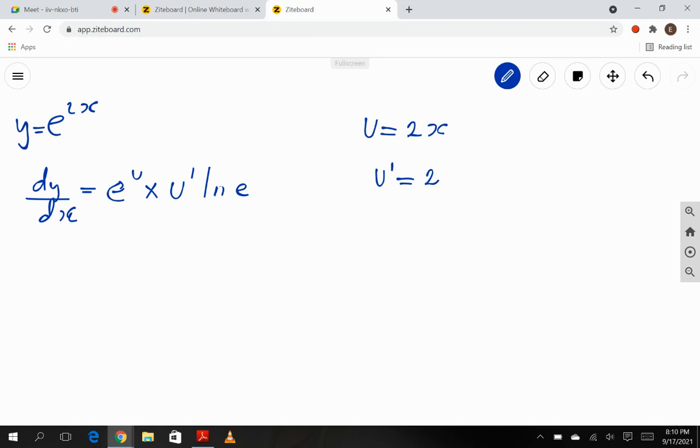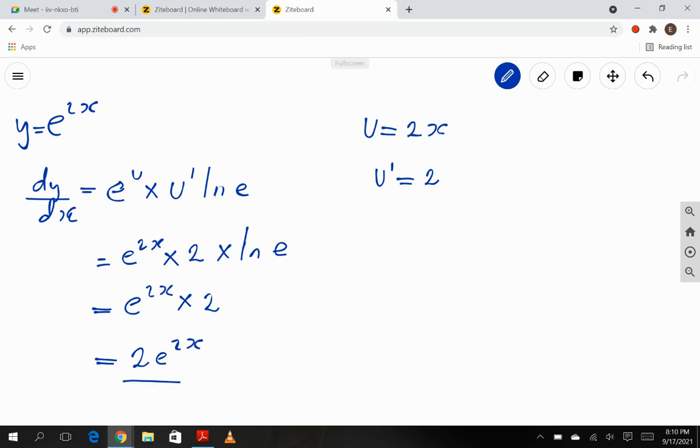So now let's substitute everything: e to the 2x, we've substituted the u, times 2, and of course times ln e if you want, but like I've said, ln e is 1. It just looks neater when you write your 2 in front.